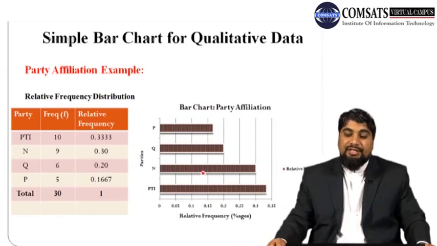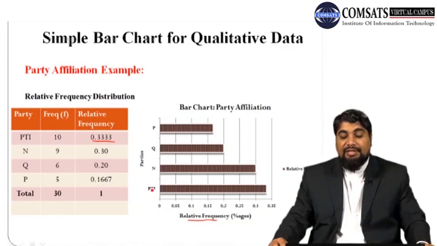Similarly we can change the layout by shifting the x and y axis, so parties on the y axis and now the relative frequency on the x axis. As far as the first party is concerned, 0.333 for PTI is the number which is located here between 0.3 and 0.35.